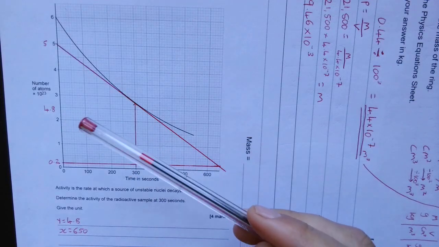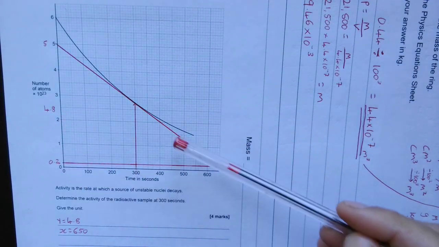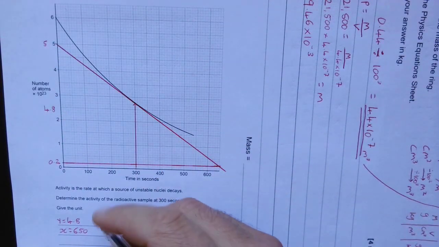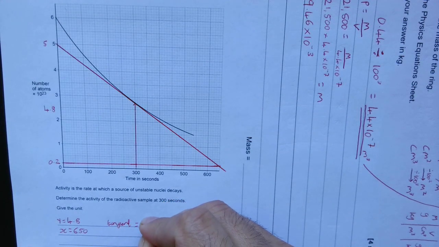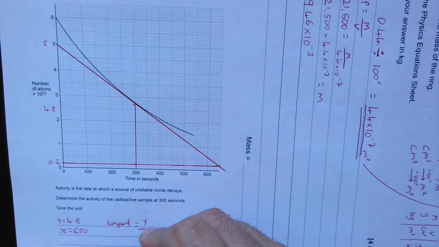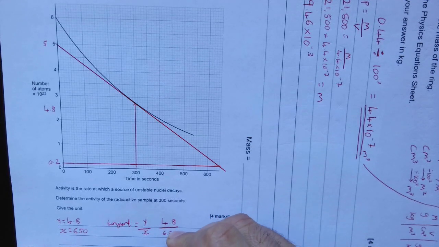We do our vertical, which is our y, over our horizontal, which is x. So tangent equals y over x, which is 4.8 over 650.